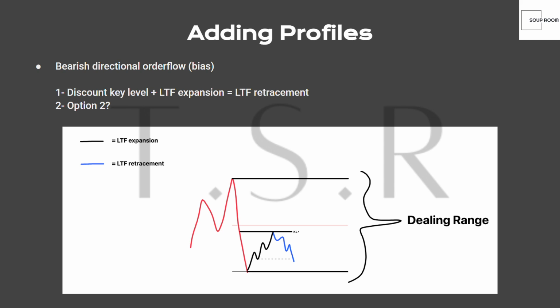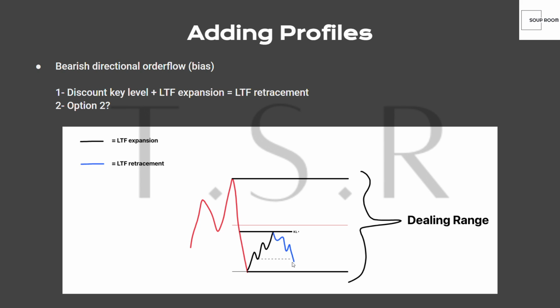This will equal a lower time frame retracement. So we have a key level in a discount market, price is bearish. We have the key level in a discount. On the lower time frame, we will see a retracement towards that key level. Sorry, not a retracement, an expansion towards that key level.